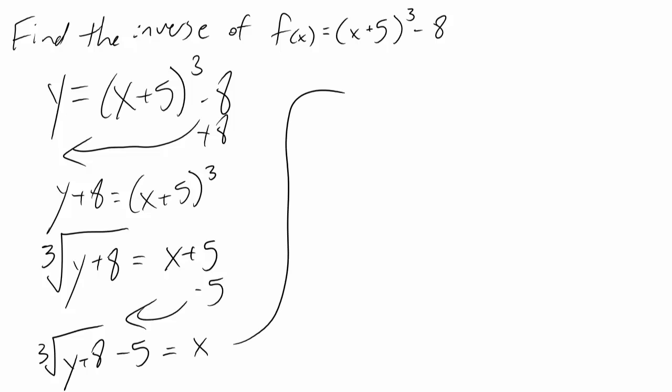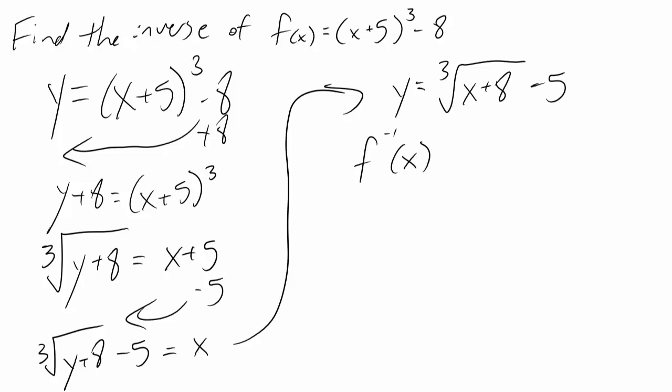Now we need to just switch the x's and y's around, so we have y equals the cube root of x plus 8 minus 5, and that is our inverse function for f of x. So f inverse of x is the cube root of x plus 8 minus 5. There we go.